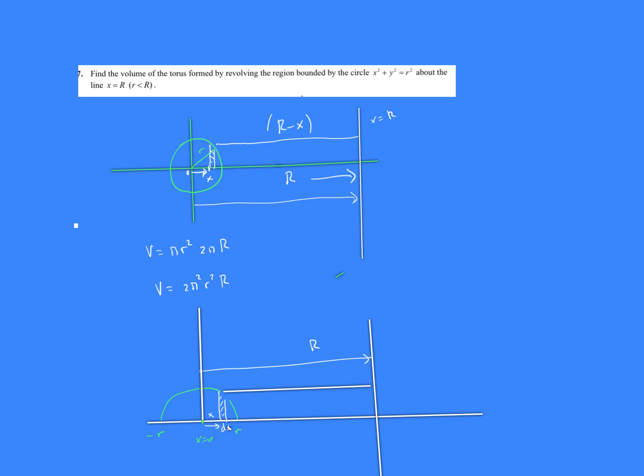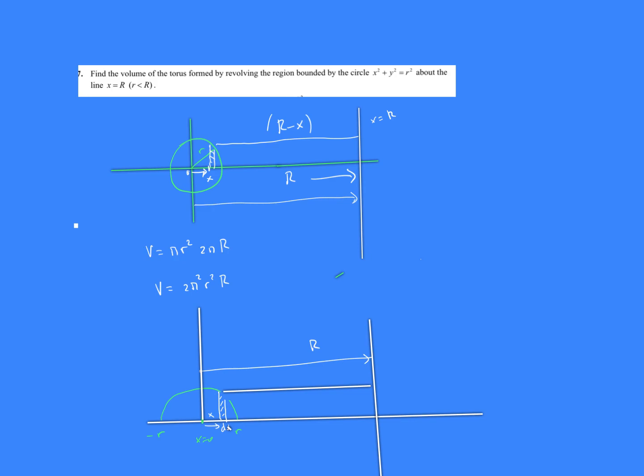This is the radius that I have to consider. I did this problem in class, and the idea is to create an equation. The area of the circle will perform a rotation around the axis x equal r and will generate half of the donut.